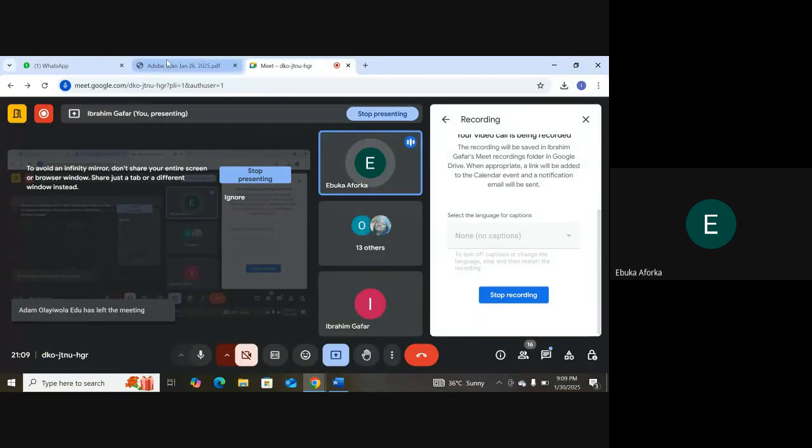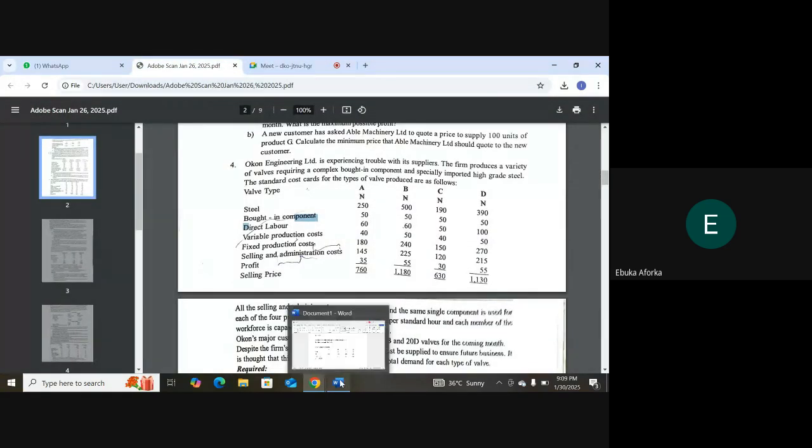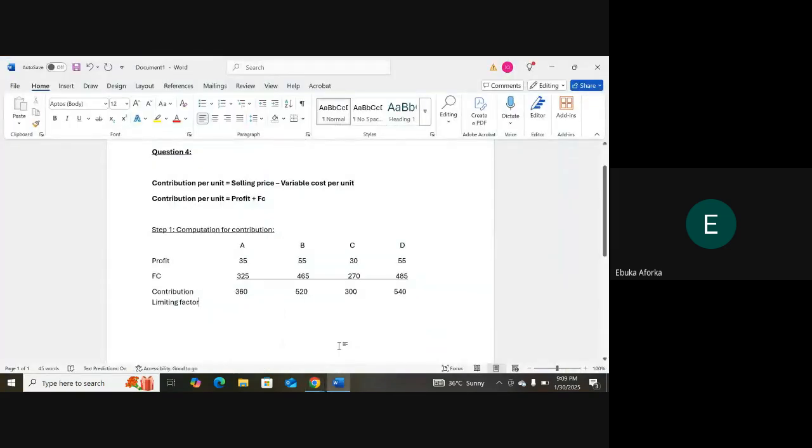Sir, the topic we are under is limiting factor, under single limiting factor. That is decision making with a single limiting factor. We are under decision making, which is the optimal production mix.